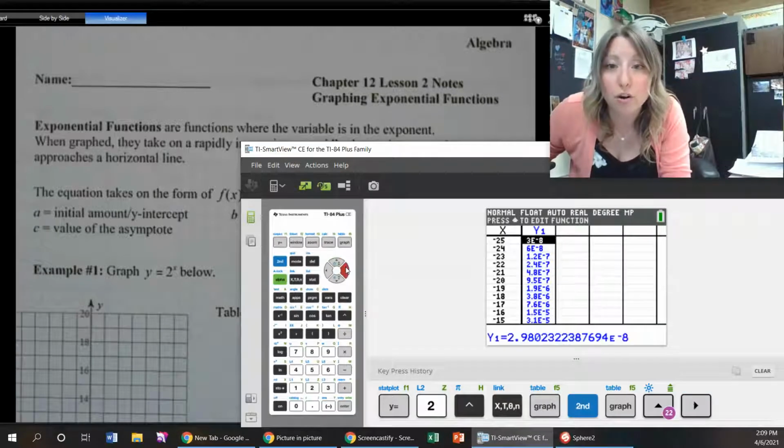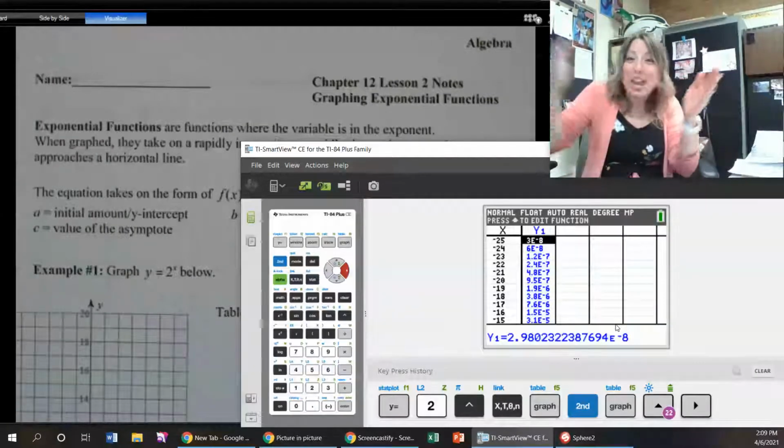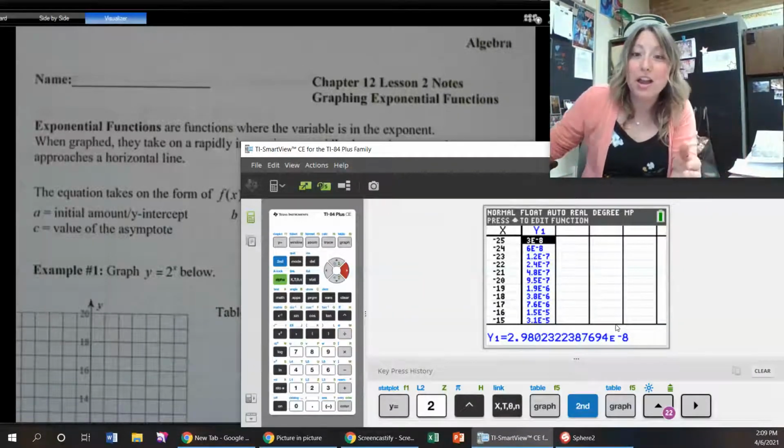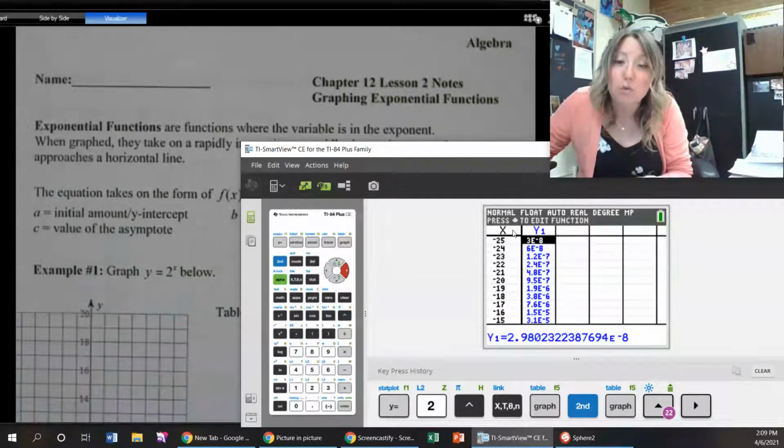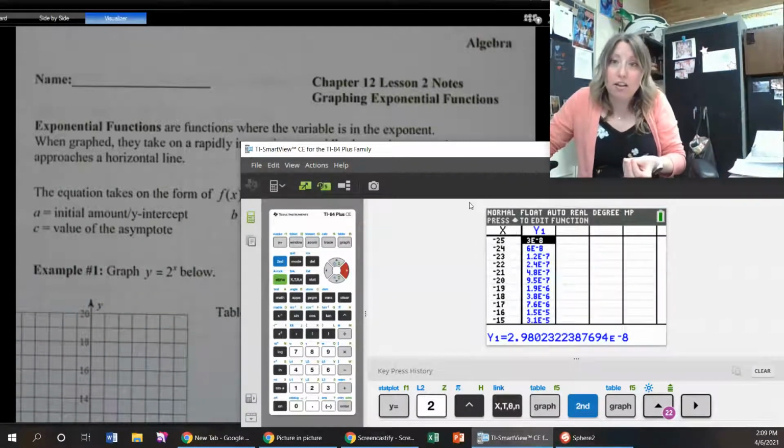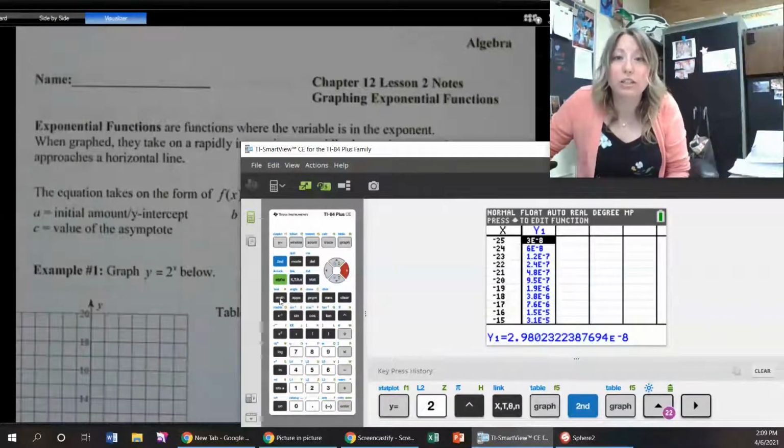If I arrow over and look at this, this is the decimal place back at -8, so 8 places behind the decimal is really where that is. That's really close to 0, but it's still not quite there, and it's never going to actually get to 0.